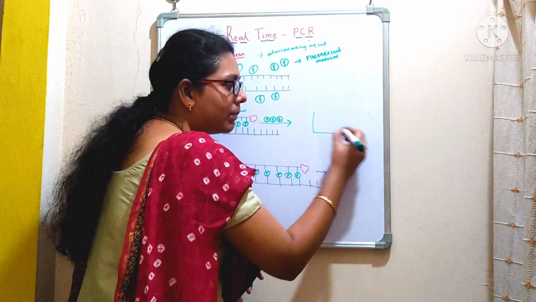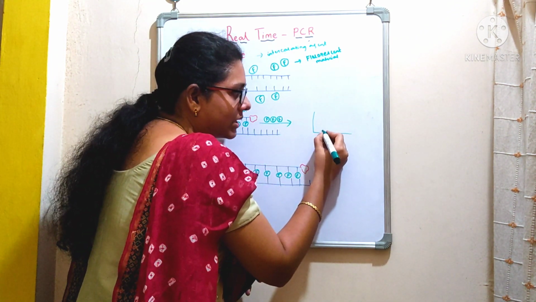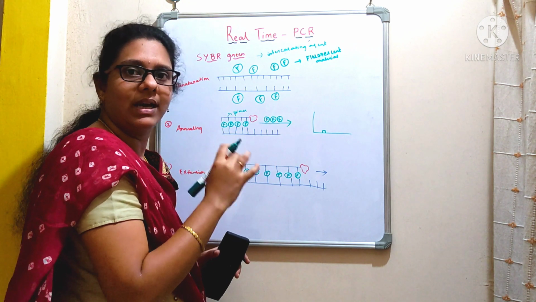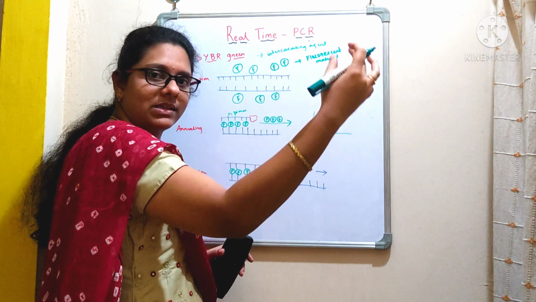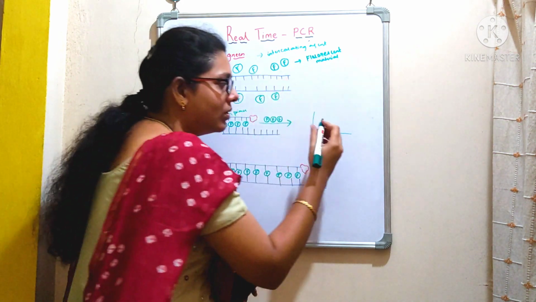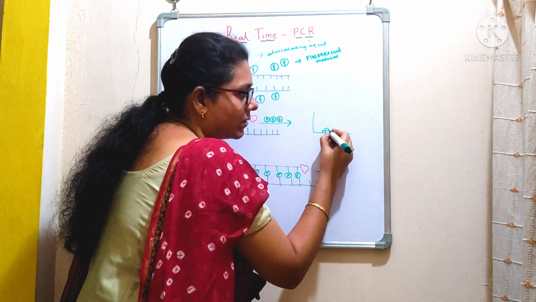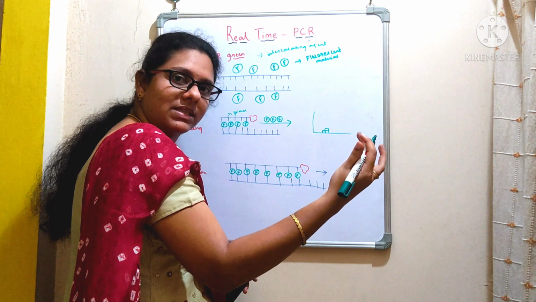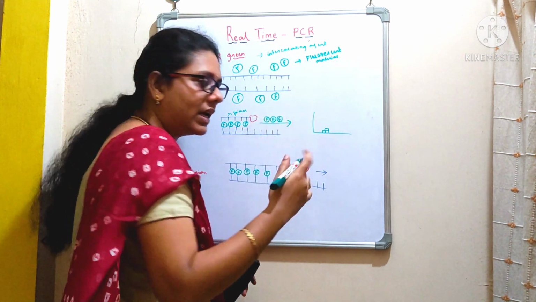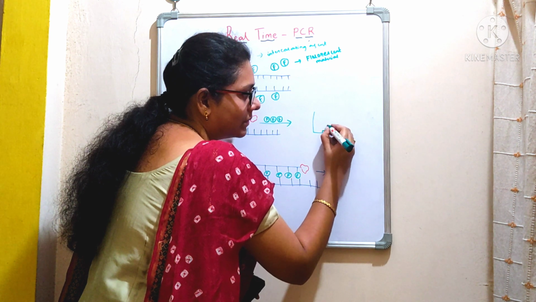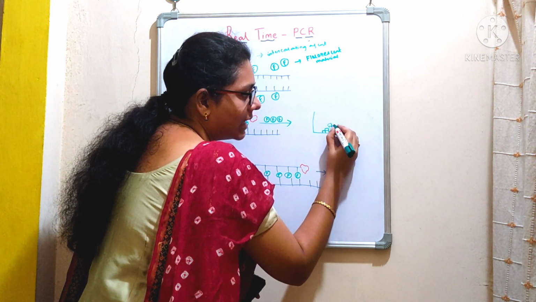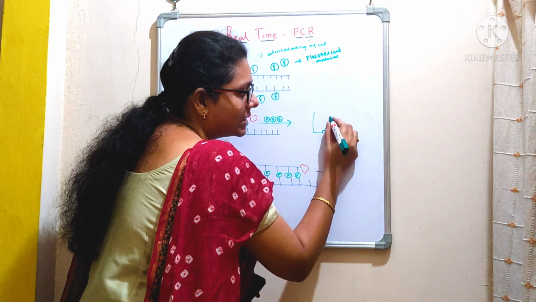If you look into the picture, say for example, initially we have used a DNA as a template. Once it undergoes denaturation, annealing and extension, it gives rise to 2 DNA molecules. If we repeat the cycle of denaturation, annealing and extension, again the amount of DNA will get doubled. Again in the next cycle, the amount of DNA will get doubled.